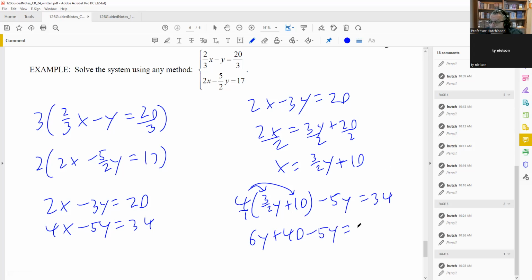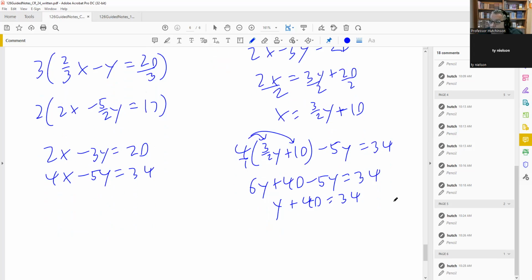Minus 5y equals 34. 6y minus 5y is just y. So y plus 40 equals 34 there. And then if you subtract the 40, you get -6. So -6 is going to be the answer for y.